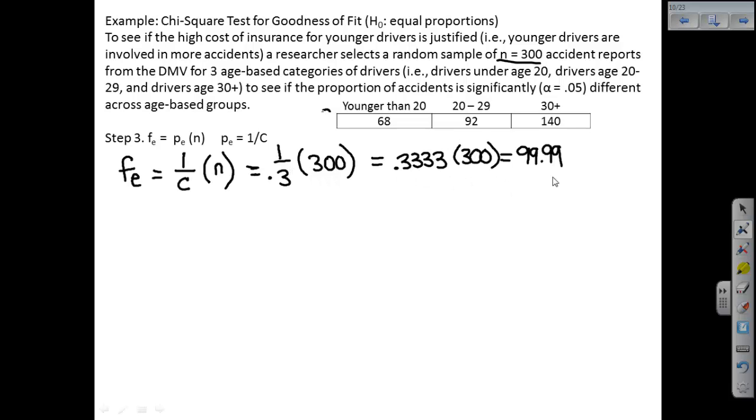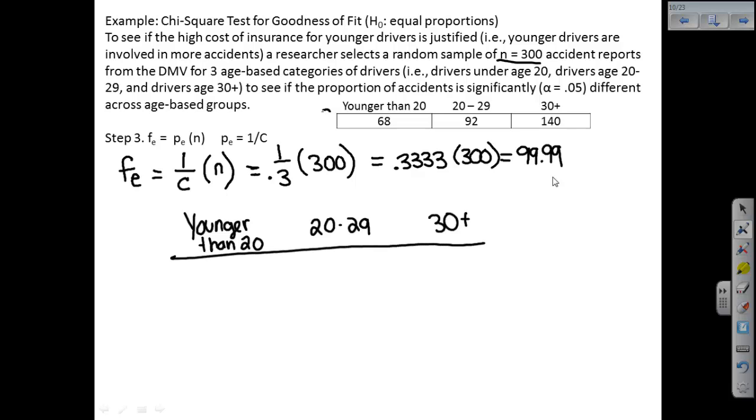So if we put our frequency expecteds here, younger than 20, 20 to 29, and 30 plus, we've got 99.9, 99.9, 99.9.